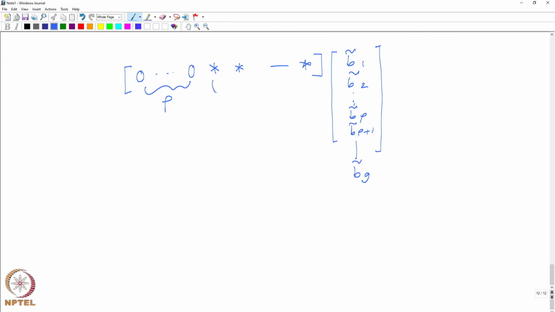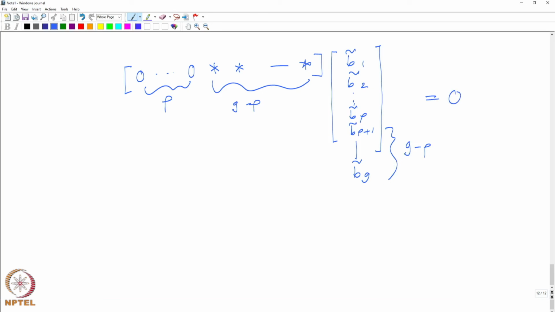So, there are g entries here. How many entries are in this part? g minus rho entries. Here also, starting from this onwards, we have g minus rho entries, and this is equal to 0 for all such situations.